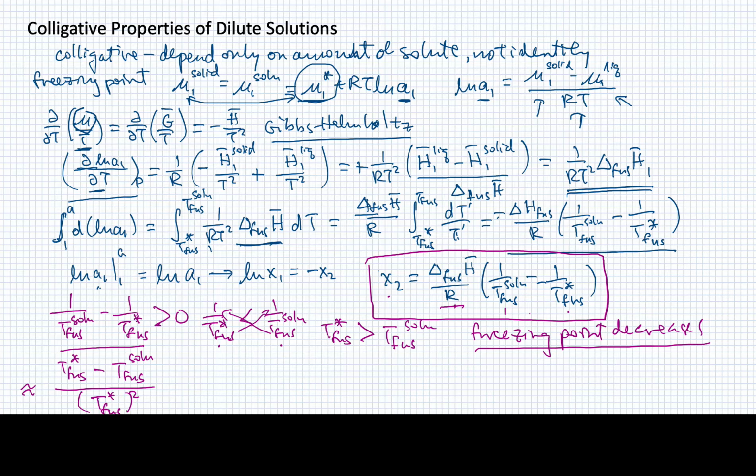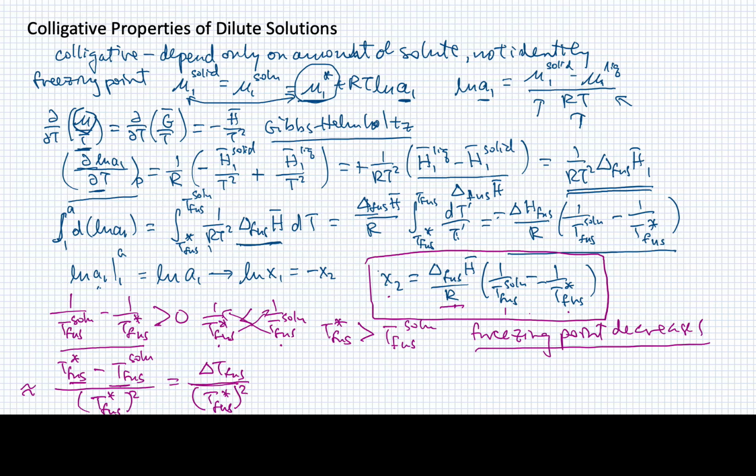Okay, so I've already indicated that this is going to be greater than this, so this is a positive quantity. I'm going to rewrite the numerator as delta T fusion, over T fusion of the pure solvent squared.